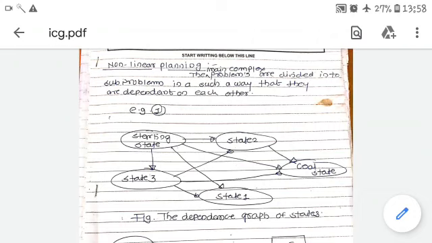Suppose we take an example: we have to calculate the expression 2 plus 3 into 4. How are we going to calculate this? We calculate 2 plus 3, that is 5, into 4, 20. But according to the mathematical rule, this is wrong.